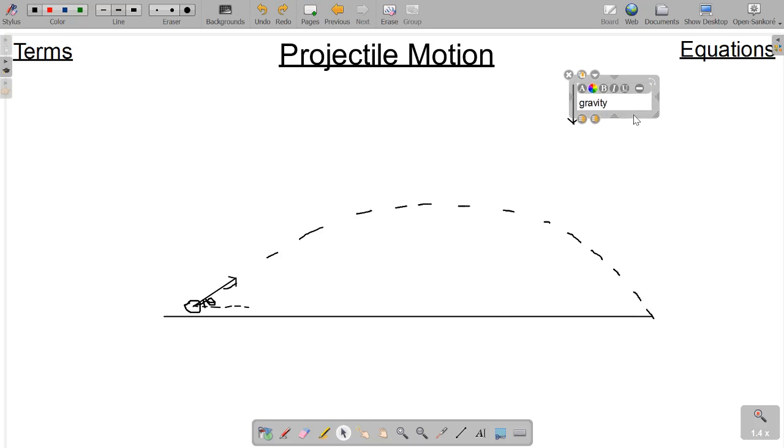Here's the ball at this position with the velocity vector being around here.